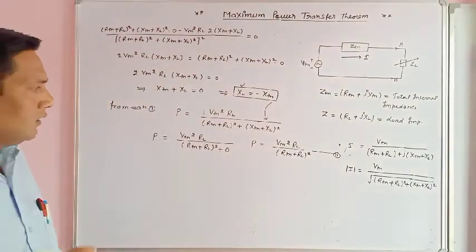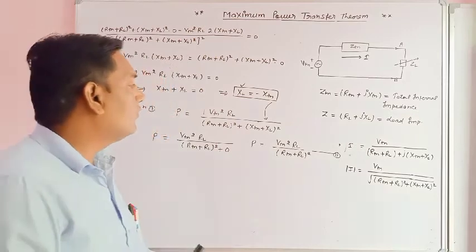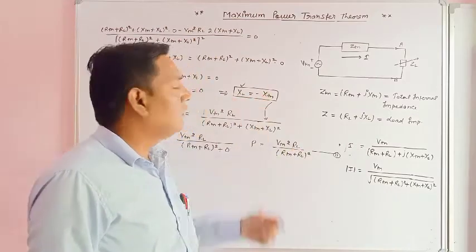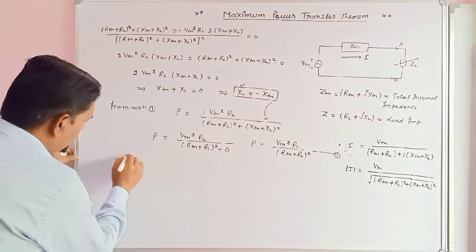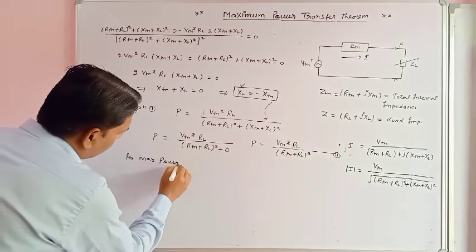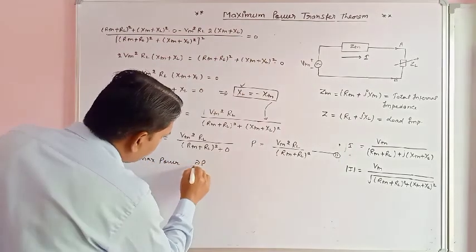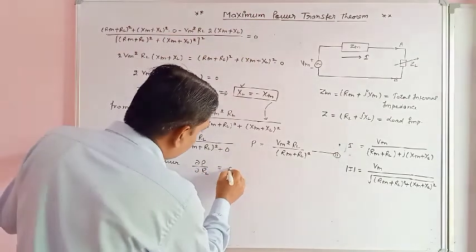Now here we can see that power is a function of only load resistance. It is not a function of load reactance. So for maximum power, again we can apply the partial derivative of power with respect to load resistance equal to 0.